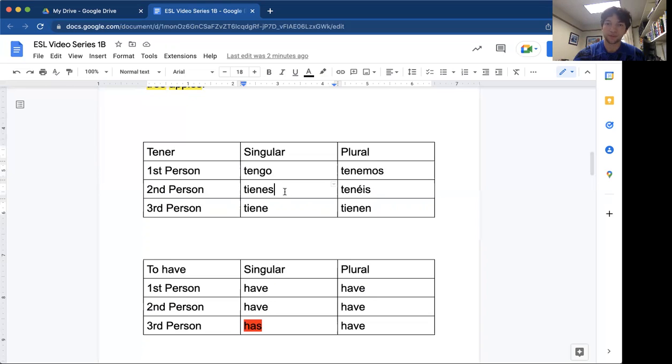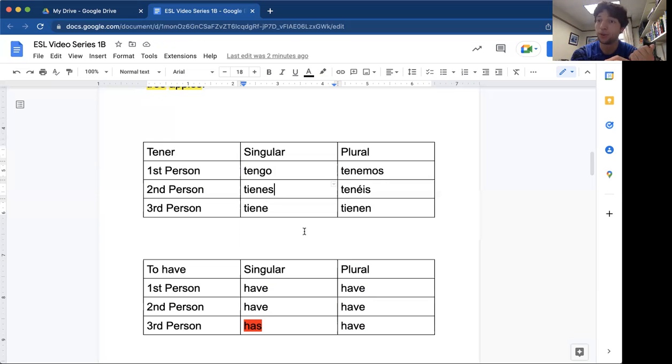Like, for instance, if I were to say, I have a pen, I guess we'll say, I have a pen. In English, it's just I have a pen, right? So the I is the subject, have is the verb, and it agrees with the subject.